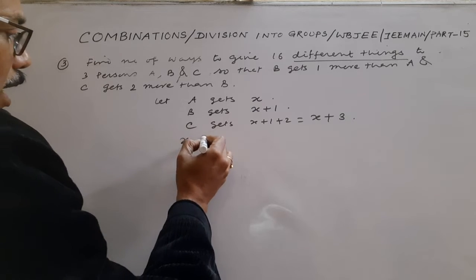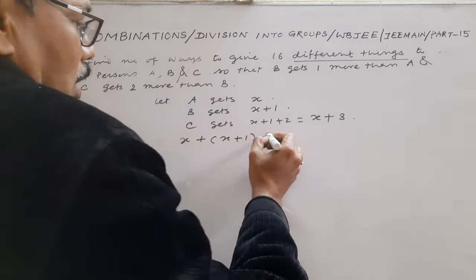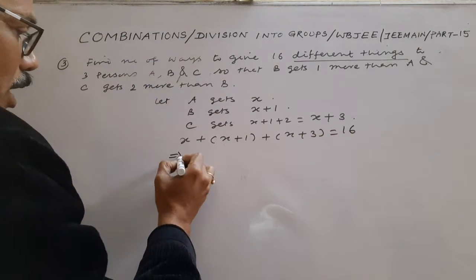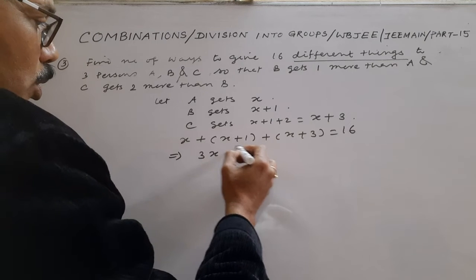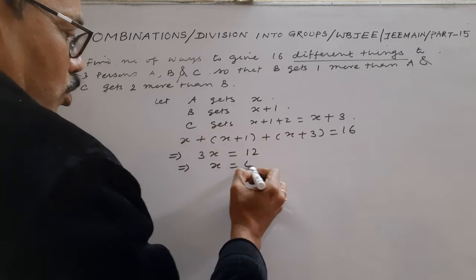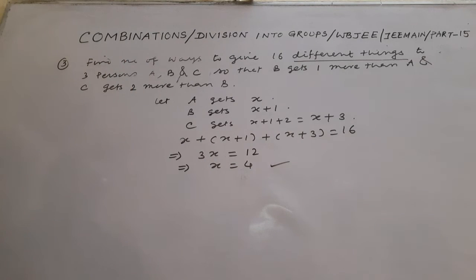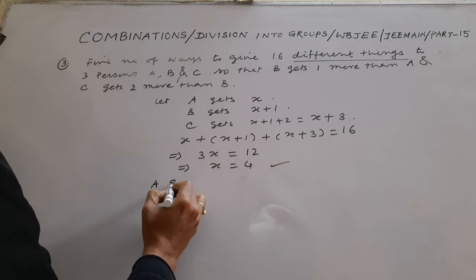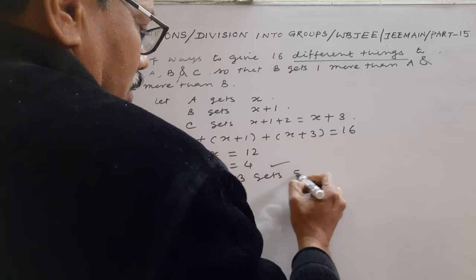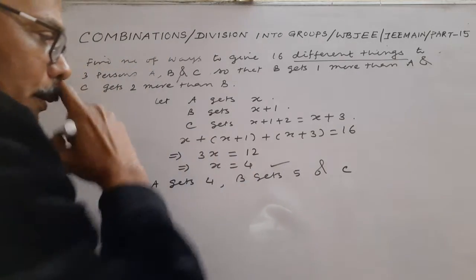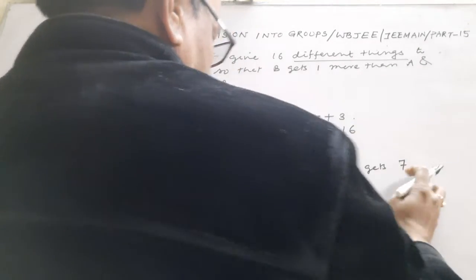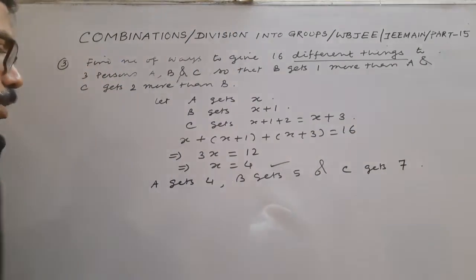So the total things: x plus x plus 1 plus x plus 3 equals 16. So we get 3x equals 12. So x equals 4. So A gets 4, B gets 5 and C gets 7. 4 plus 5 plus 7 is 16.